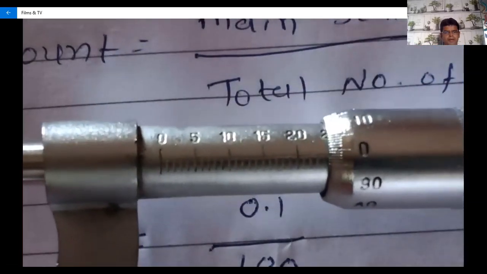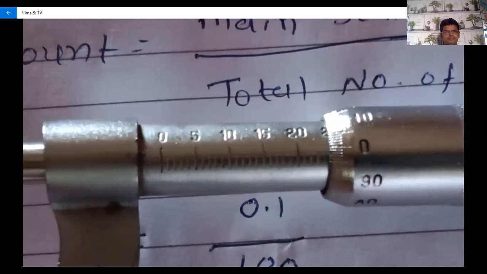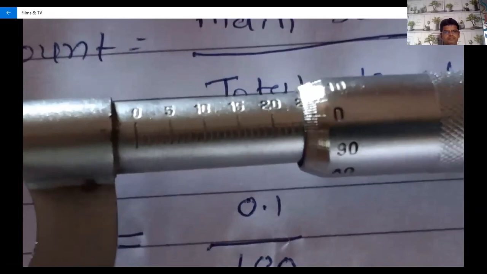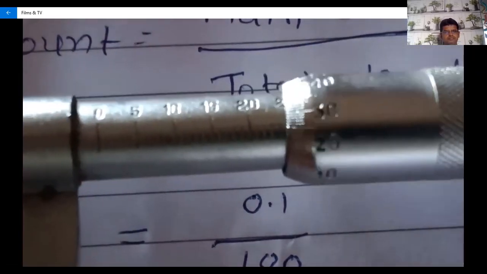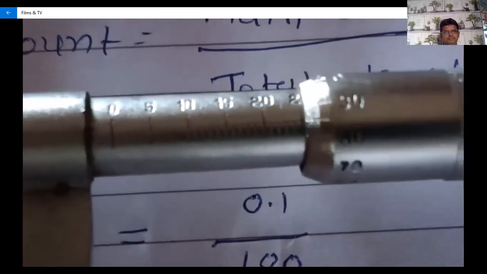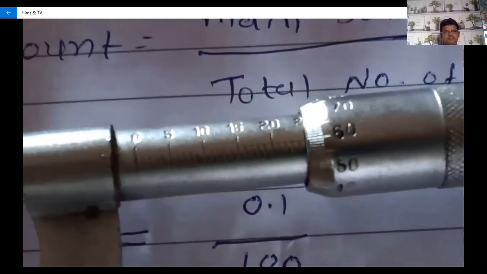But it is a millimeter scale, so definitely we convert our answer from the main scale into the centimeter scale. Then there is a circular scale starting from 0, moving to 10, 20, 30, 40, 50, 60, 70, 80 and 90, and between 0 and 90 it is a total of 100 divisions of the circular scale.